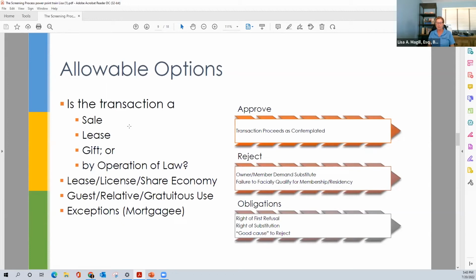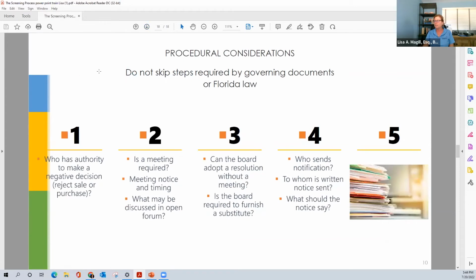So there are tenancies that may be rejected possibly for credit history, credit score, again, history of violent crime, and other criteria that are perfectly acceptable and that are not as heavily skewed towards the purchaser. I mean, not as heavily skewed with respect to a sale, because you're not protecting really the right of the current owner to sell. You're only basically screening somebody to see if they are adequate or suitable for residency within your community.